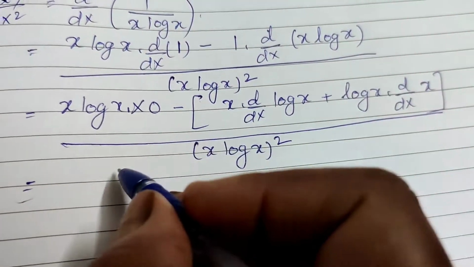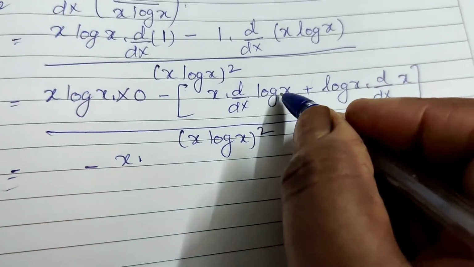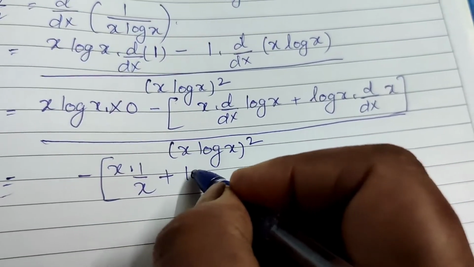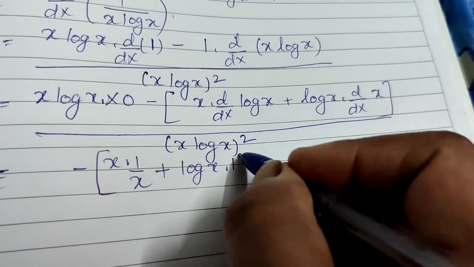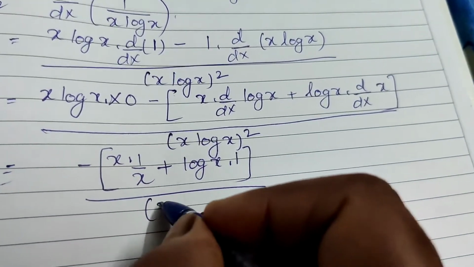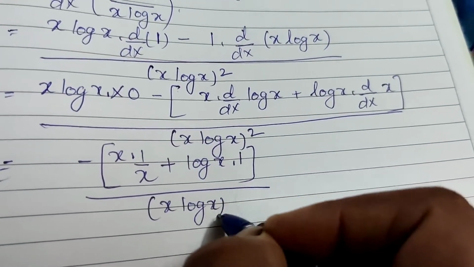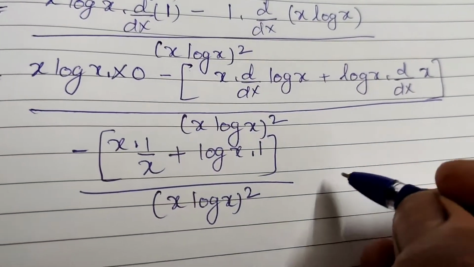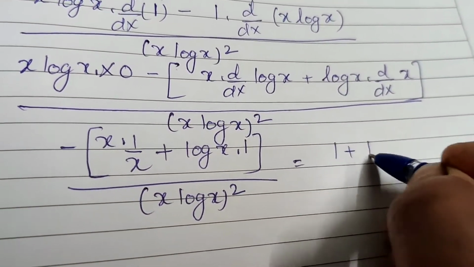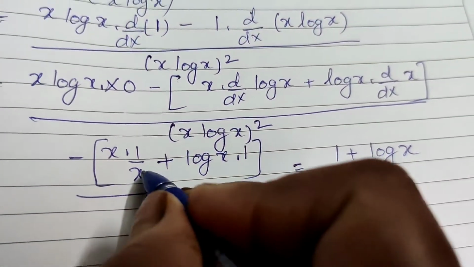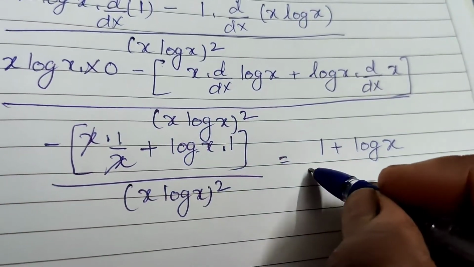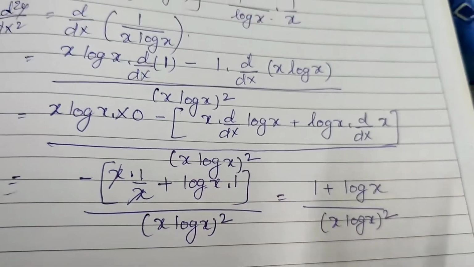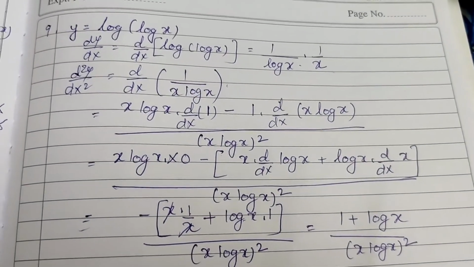It is 0 minus x into 1 by x plus log x, and differentiation of x is 1, divided by x log x whole square. The answer is 1 plus log x, 1 x cancel, 1 plus log x upon x log x whole square. This is the double differentiation of question number 9.